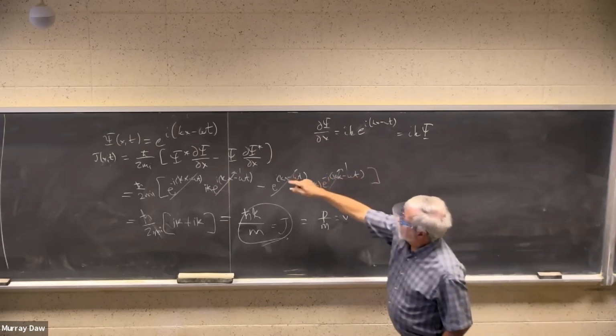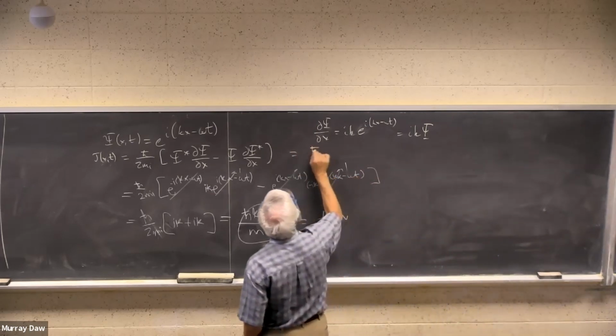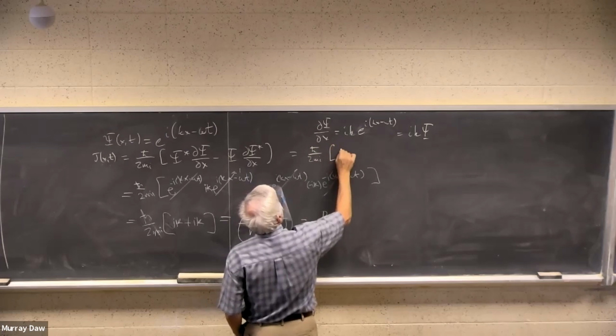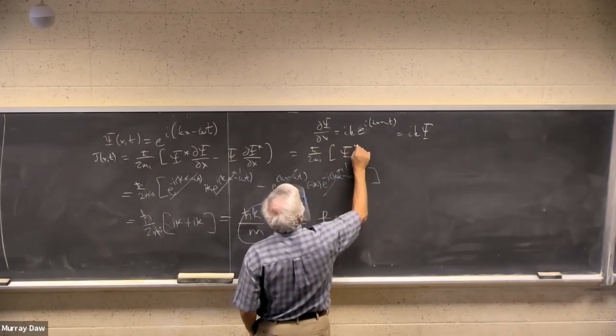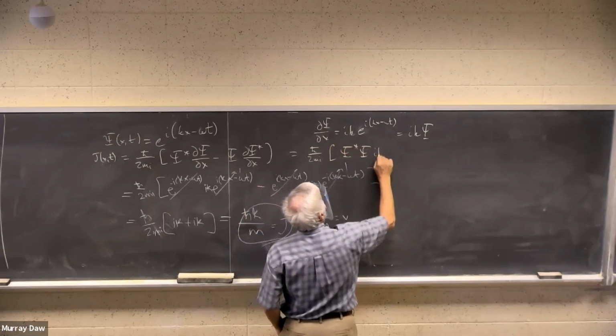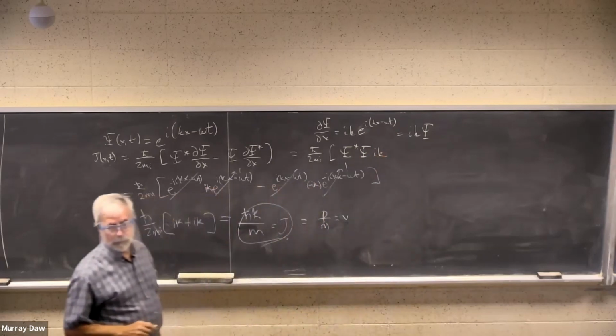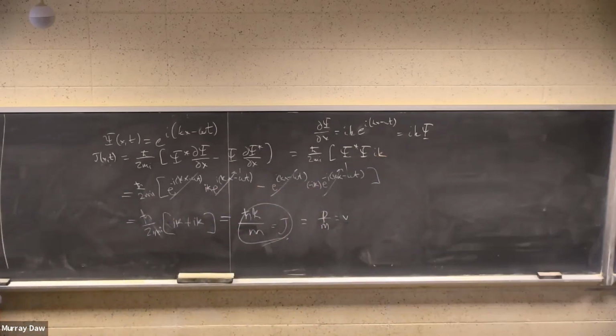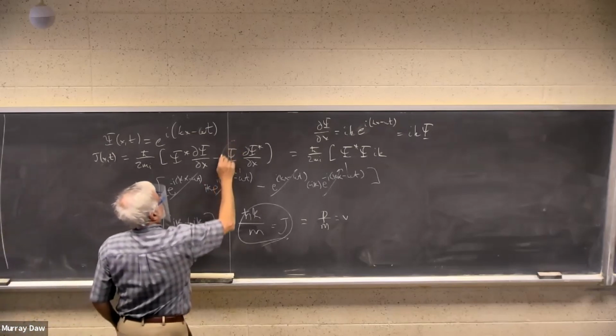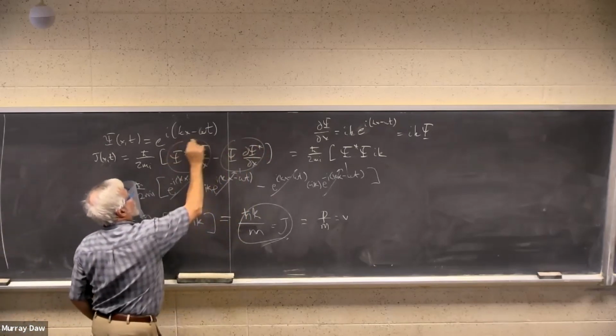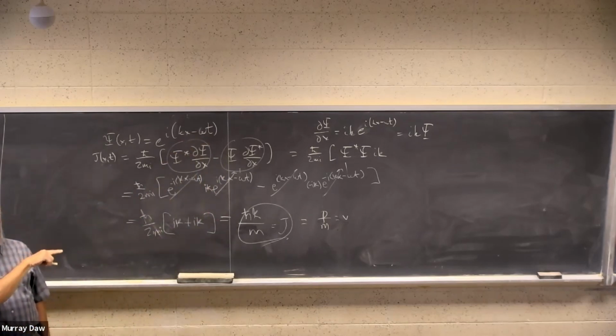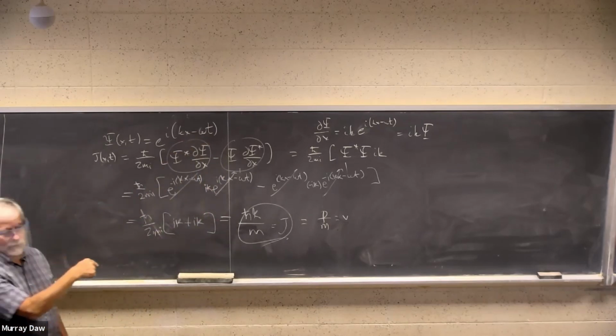Then you can see it's psi star psi times ik. That first term, you've already evaluated psi star psi. And notice that this is the complex conjugate of this. You don't actually have to evaluate it, you just take the complex conjugate of the thing you just evaluated.